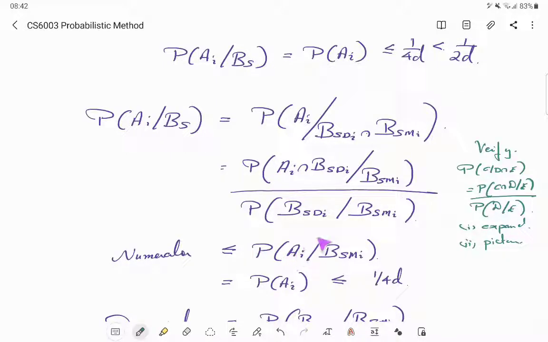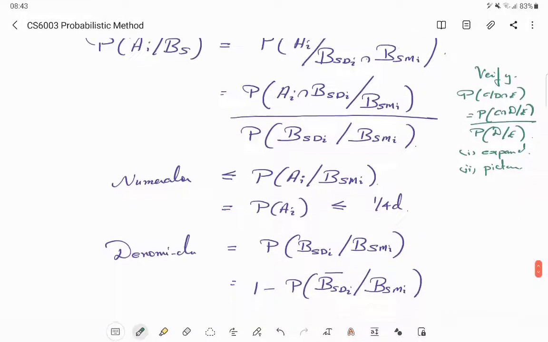But this is something we have already seen. SMI only contains events from which AI is mutually independent. Hence, this conditioning does not change the probability. This is exactly equal to probability of AI, which we know is 1 by 4d. In fact, here I'm not immediately going to write this as 1 by 2d. I'll retain it as 1 by 4d.